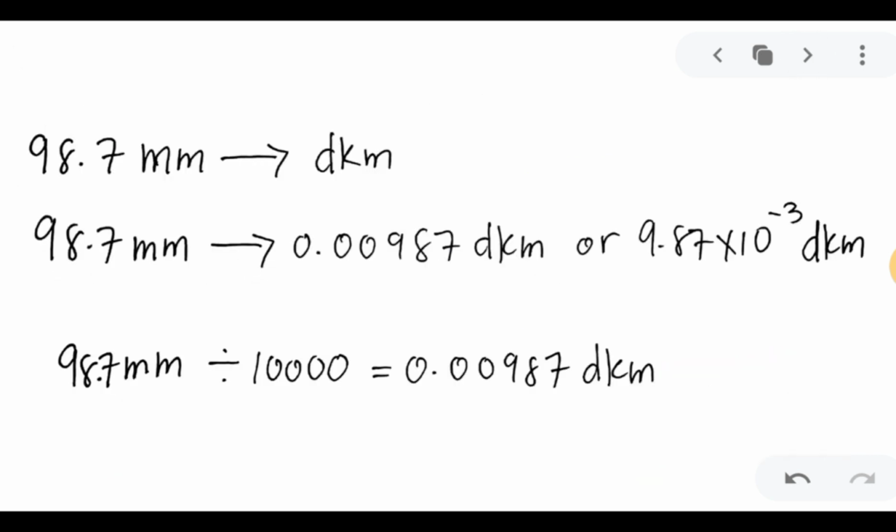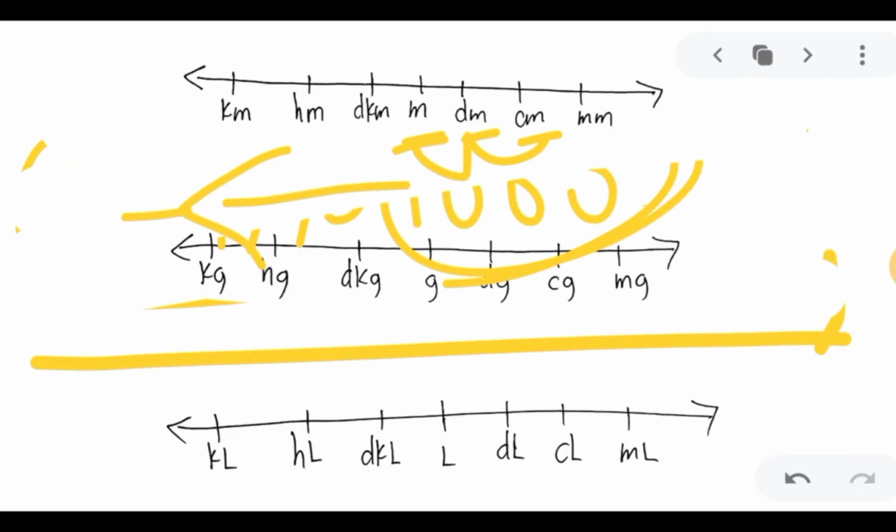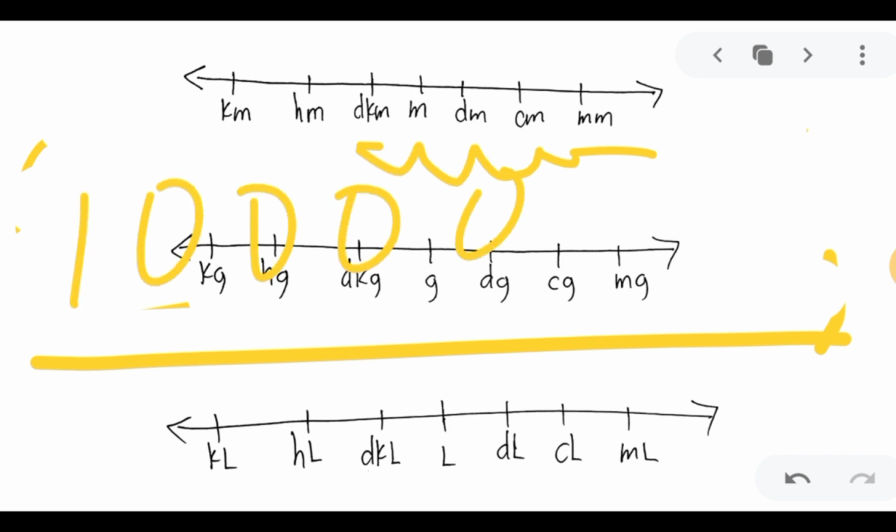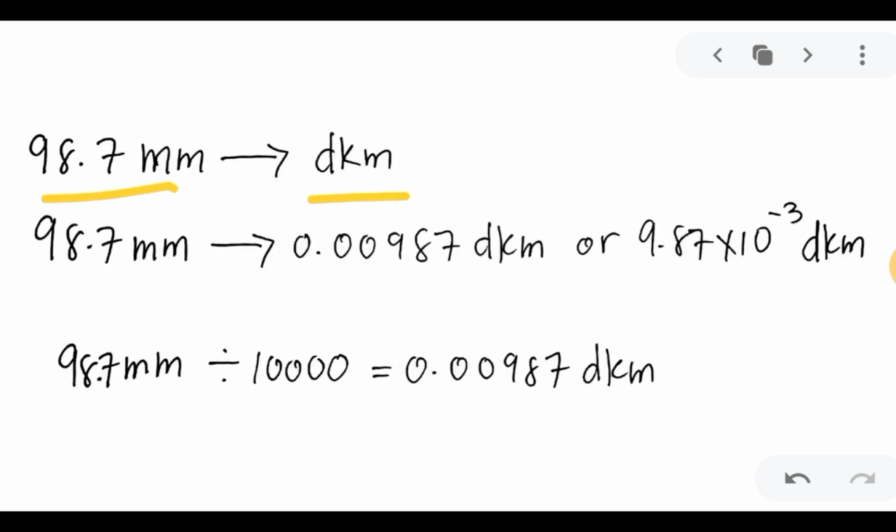Another example is converting 98.7 millimeter to decameter. So, you have here your millimeter and then decameter. How many movements? That is 1, 2, 3, 4. 4 movements, or divide that by 10,000. Move ka from here, from this point, yung 98.7 na yan, nandito 1, 2, 3, 4.